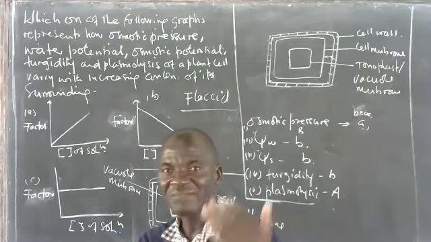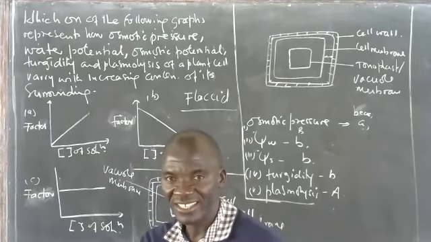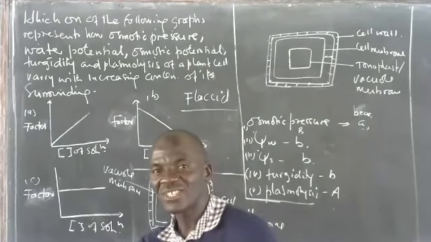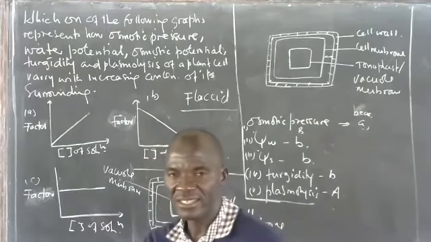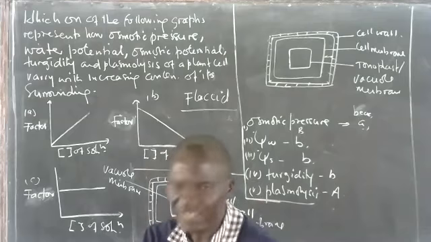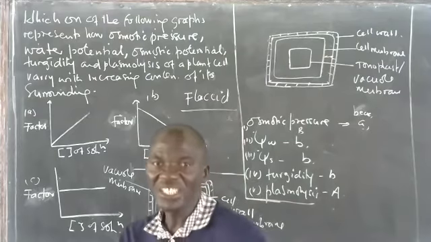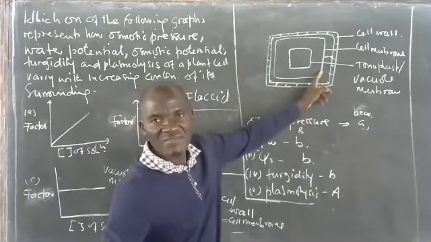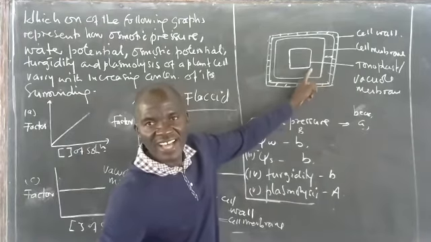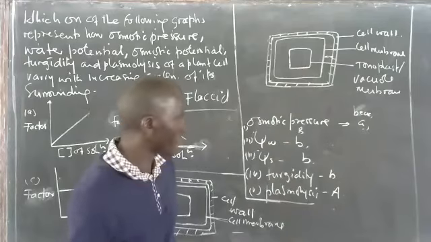That's what we call incipient plasmolysis. And that's when the pressure potential, the wall pressure, becomes zero. But plasmolysis can continue as this membrane is pulling farther away from the wall.